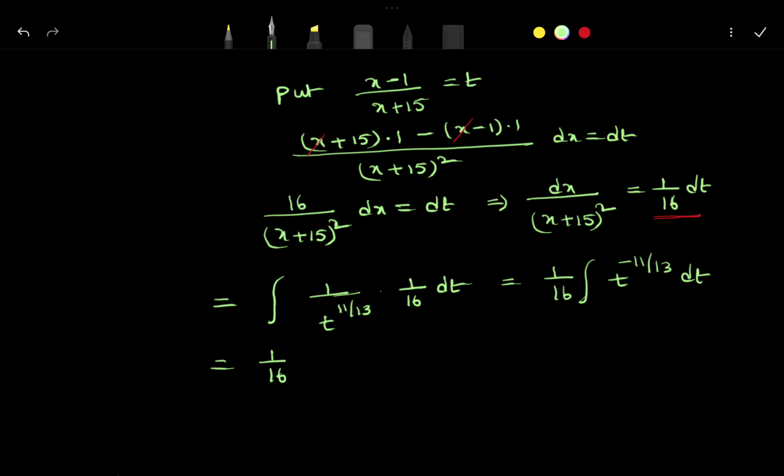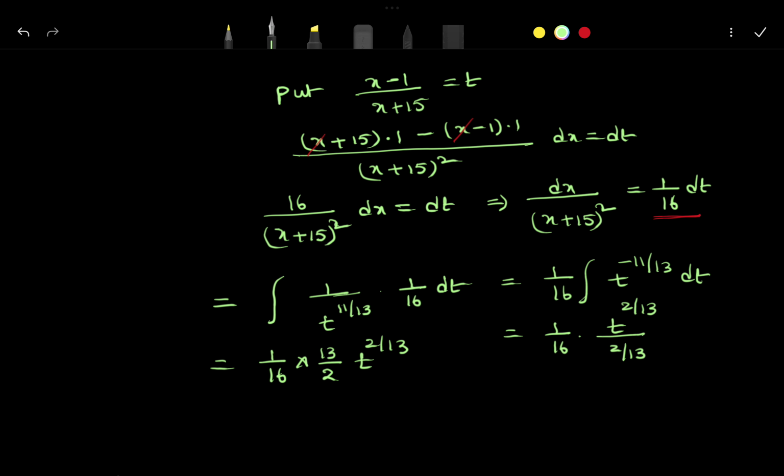What is the integration of this value? 1 by 16 into t to the power of minus 11 by 13 plus 1, that is 2 by 13, divided by 2 by 13. So this is 1 by 16 into 13 by 2 into t to the power of 2 by 13.